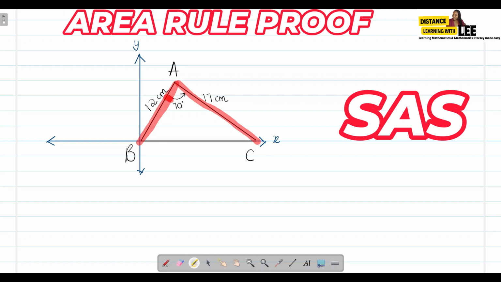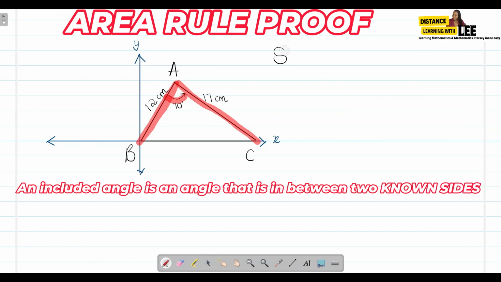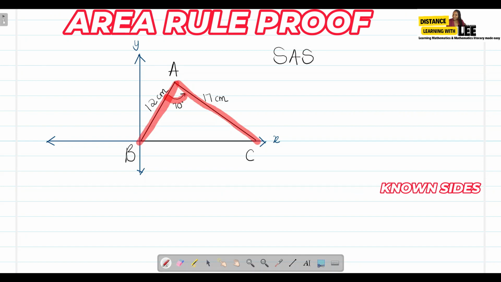An included angle is an angle that is between two known sides. Because we've got a side, an angle and a side, we can apply our area rule to calculate the area of this triangle. But that's not what I'm going to be doing in this video tutorial.